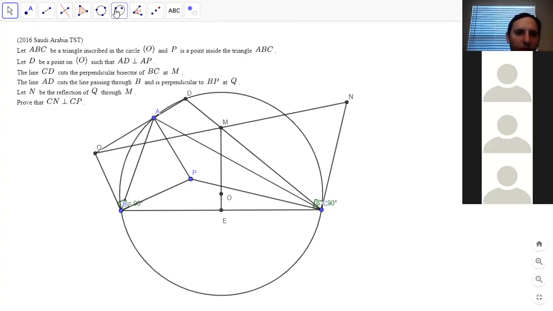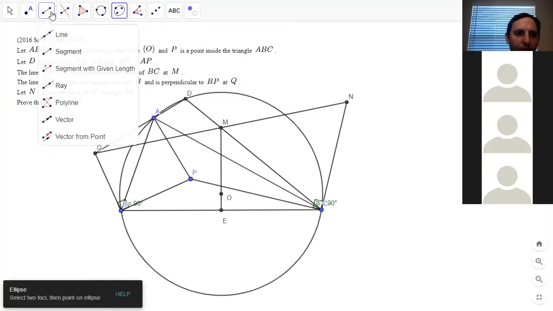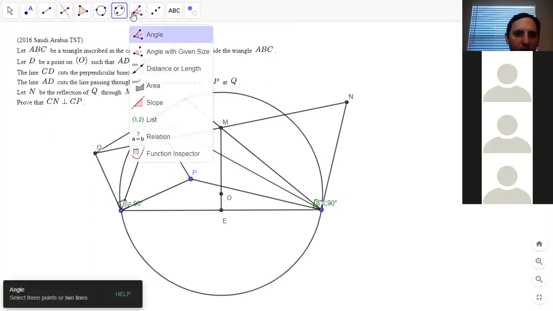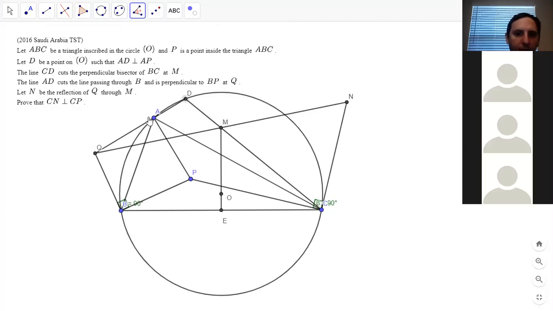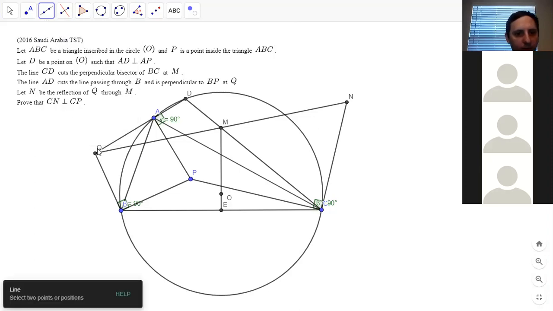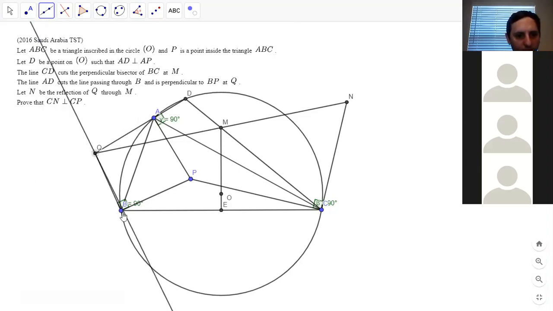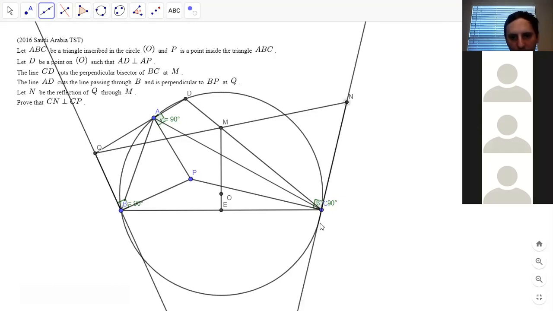This is also a right angle. So it's very symmetric. We have 3 right angles like that. What if I see where this meets the circle? And where this meets the circle? So we've got this point and that point.